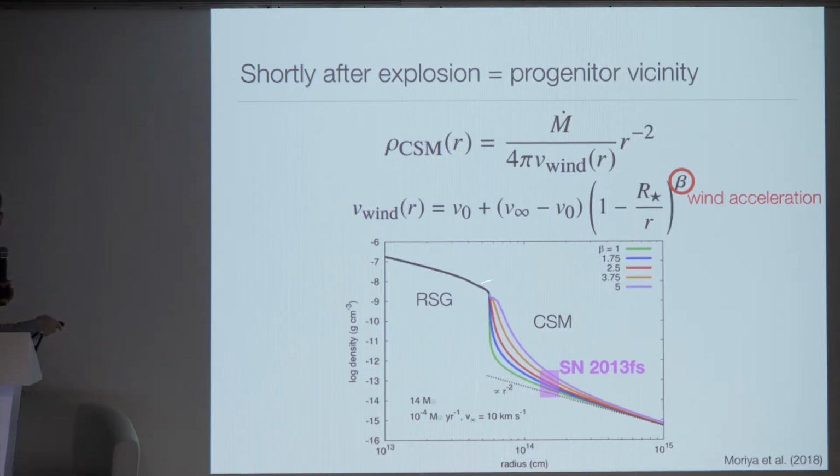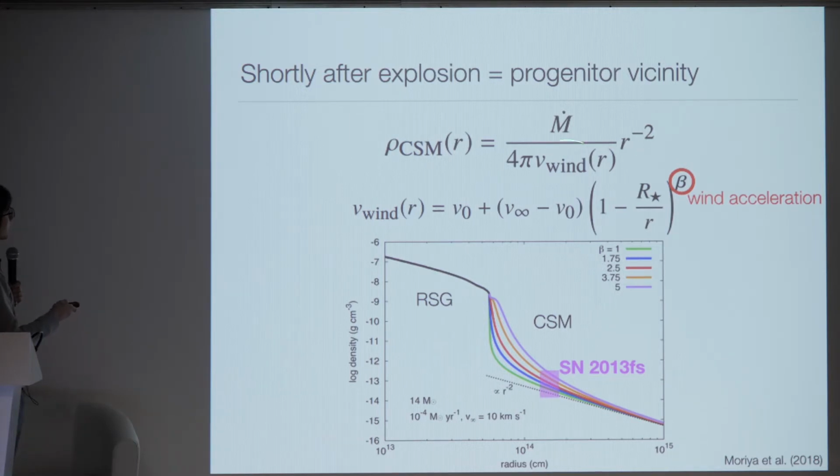So the velocity should be close to zero here, and then it should reach the final velocity far away. So as we get close to this progenitor radius, we need to start to think about how this wind will be accelerated, and that can change the density structure of the circumstellar matter.